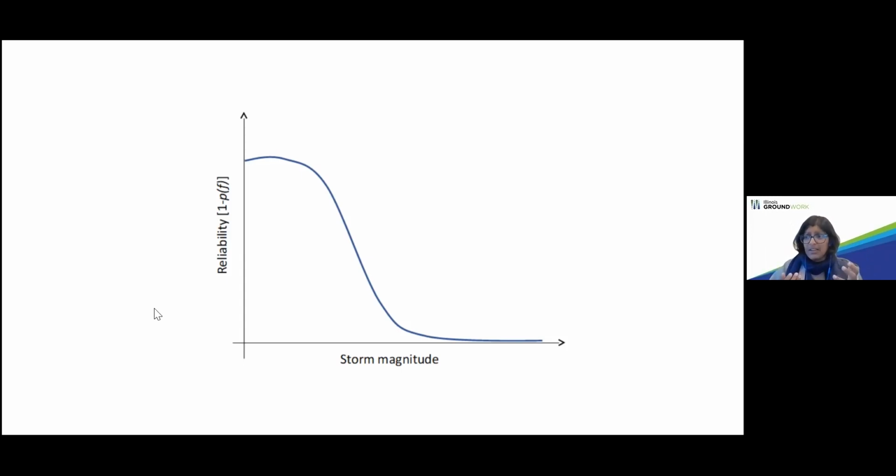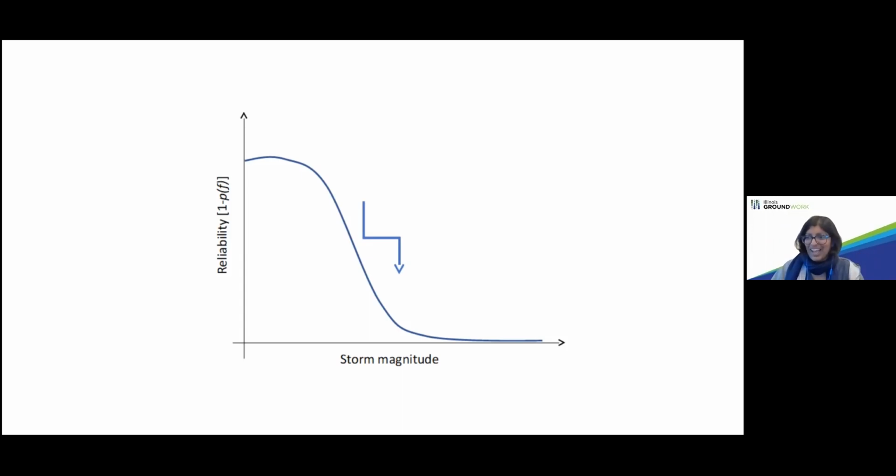So a reliability curve, as I mentioned, plots the reliability of success against the magnitude of the storm. As the size of the storm increases, the probability of our system successfully capturing that desired volume of water, in other words, our system reliability, goes down. The duration of the storm also matters.